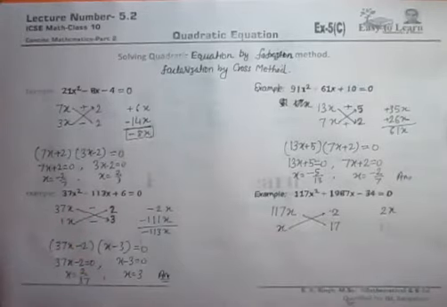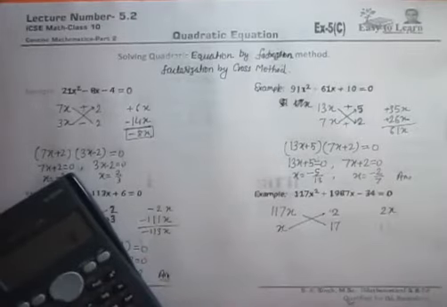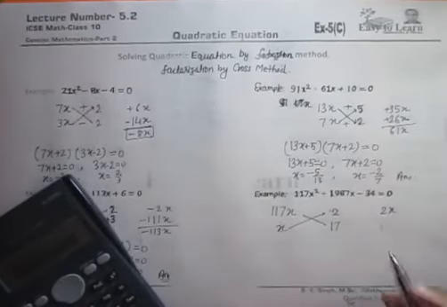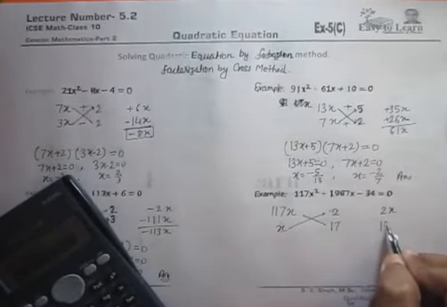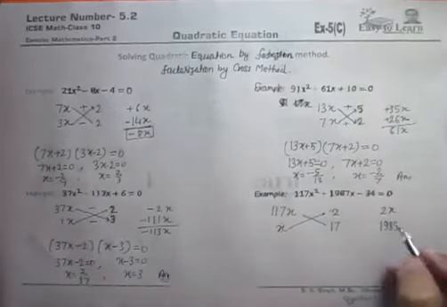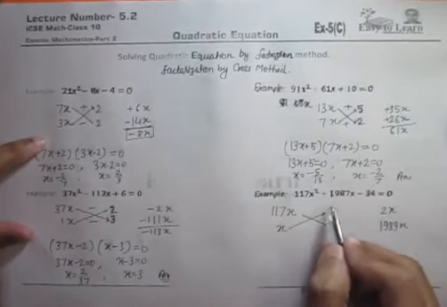So what will be its product? Its product will be 117 into 17, so 1989x. Now you can see that the difference of these two is equal to what?